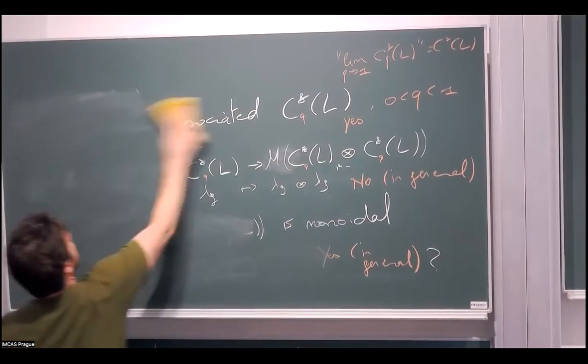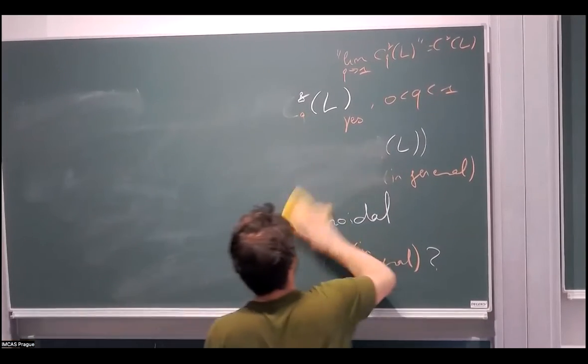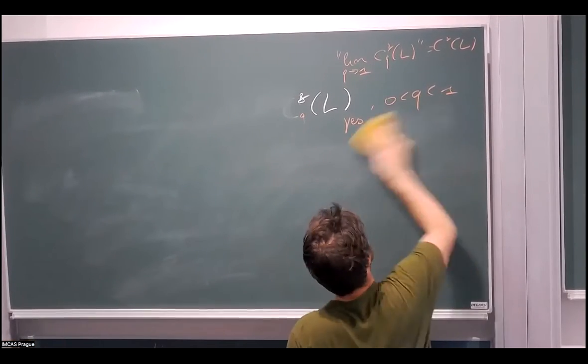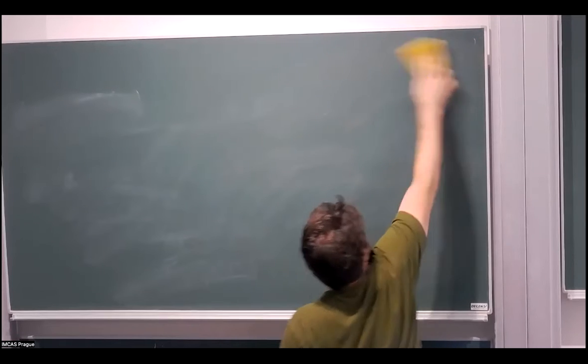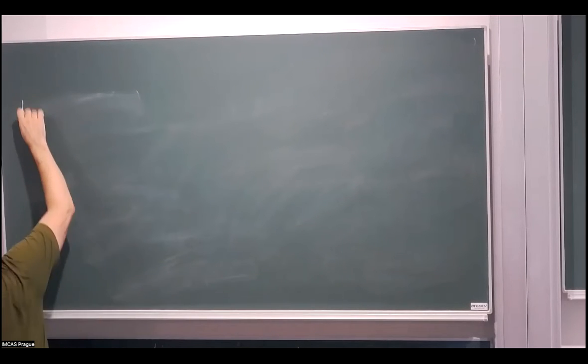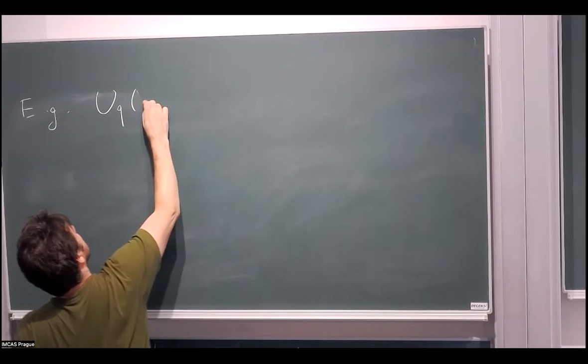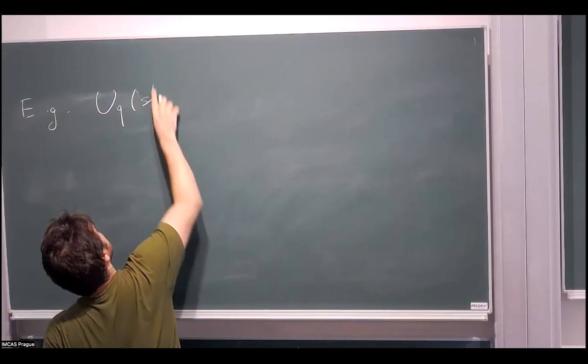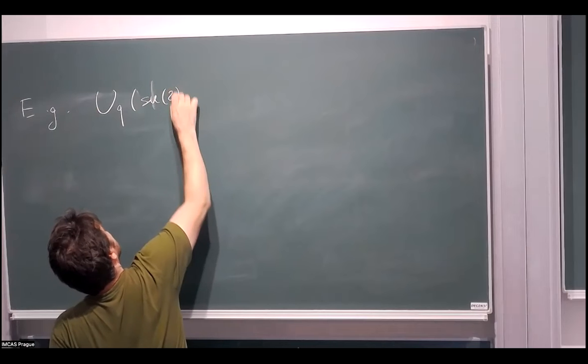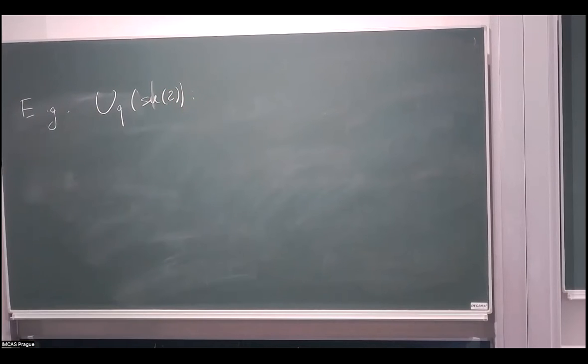In rank 1, I look at U being SU2, and so G will be SL2C. So for example, if I look at UQ of SU2, I need something corresponding to my Cartan part.